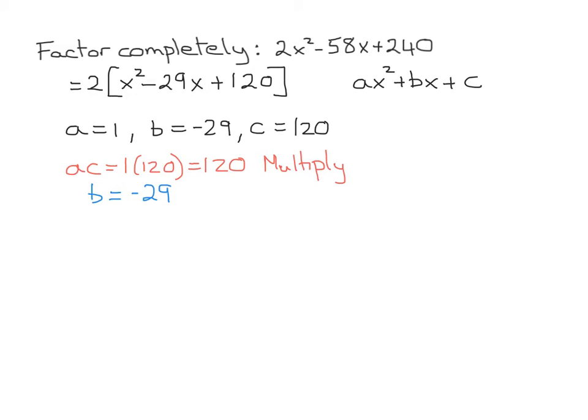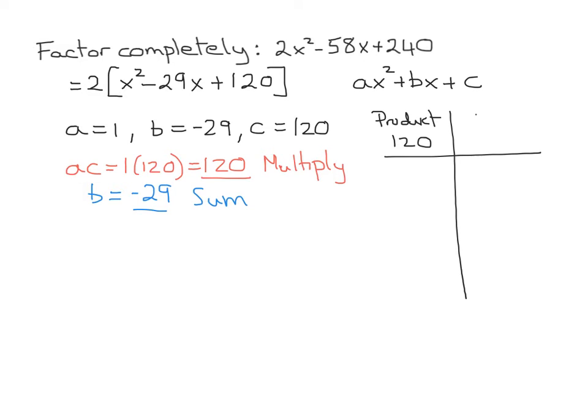The product needs to be 120, and the sum needs to be negative 29. So let's make a table of values here. I want two numbers whose product, that means we multiply, is 120 and whose sum is negative 29.